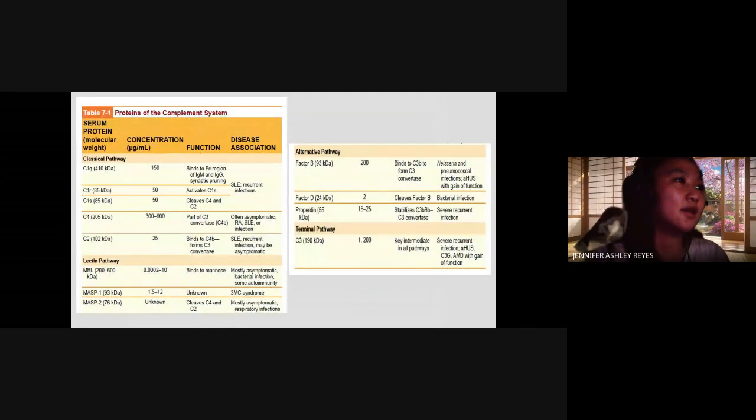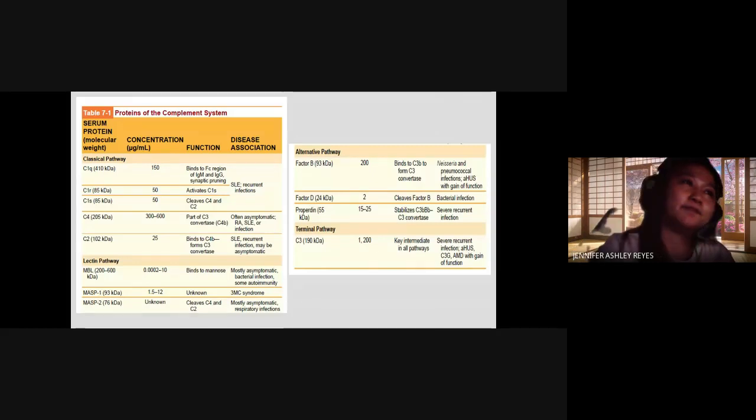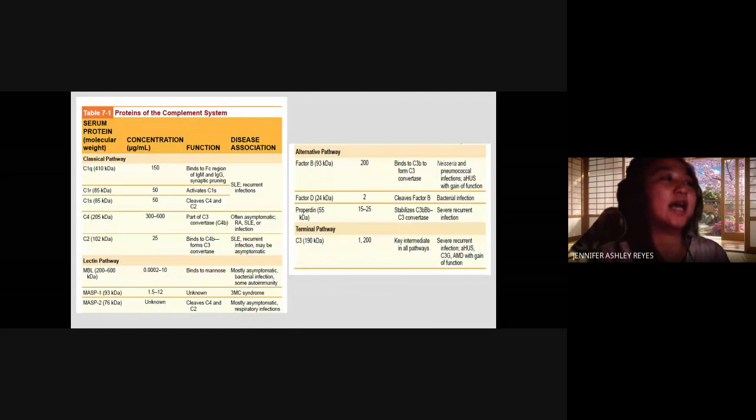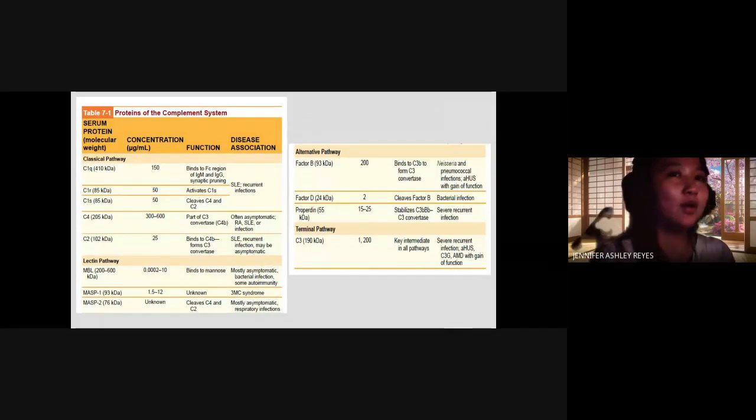Take note of these following disease associations. Kung may problema tayo or kulang yung C1qrs, usually ang problem natin nagkakaroon ng recurrent infection or SLE. Tapos dito sa C3, severe recurrent infection or severe combined immunodeficiency. Ha? Pero nasa book niyo yan lahat. So, wag niyo lang kalimutan. Daanan niyo lang yan na table.